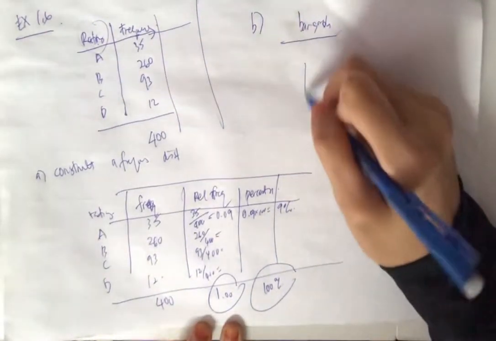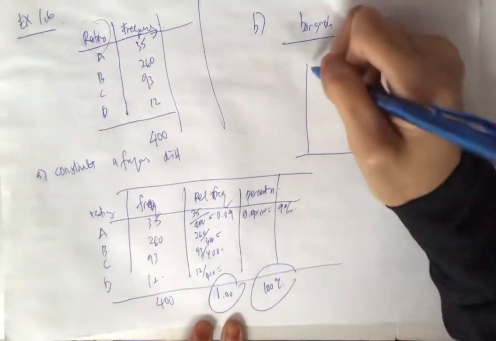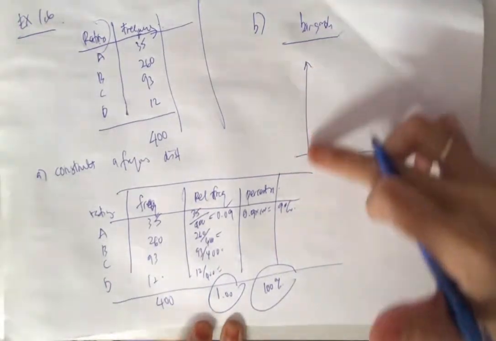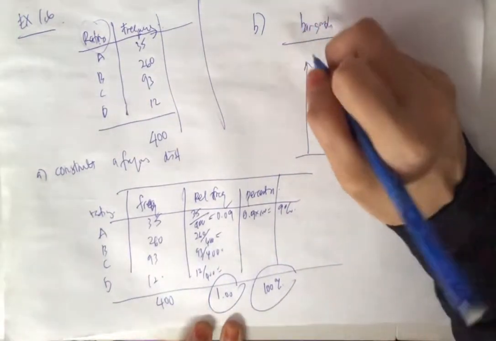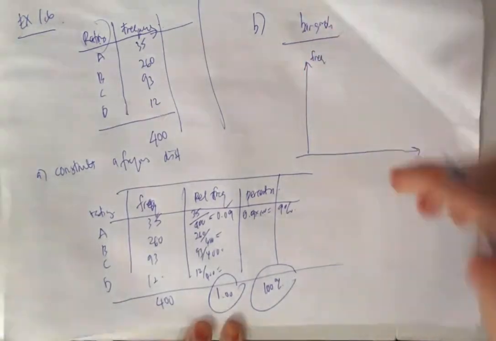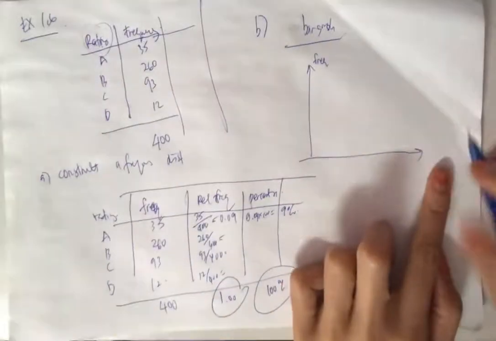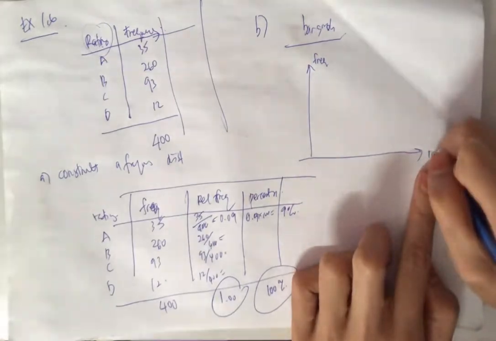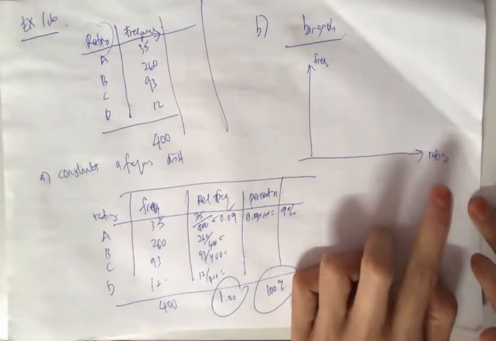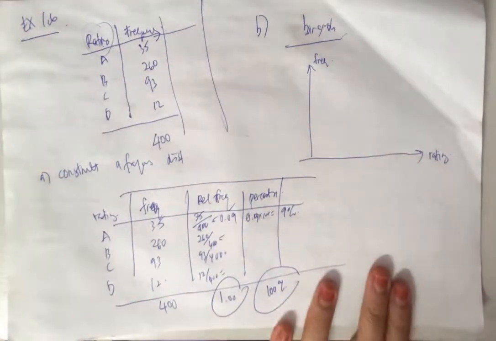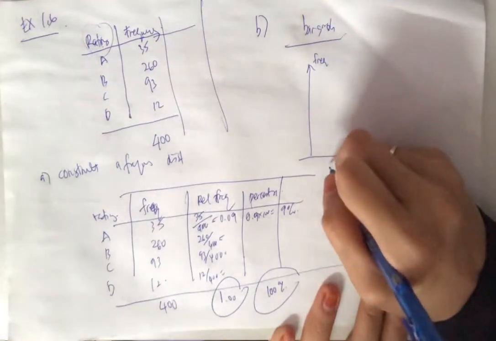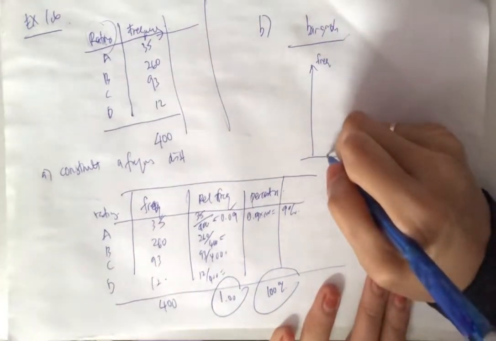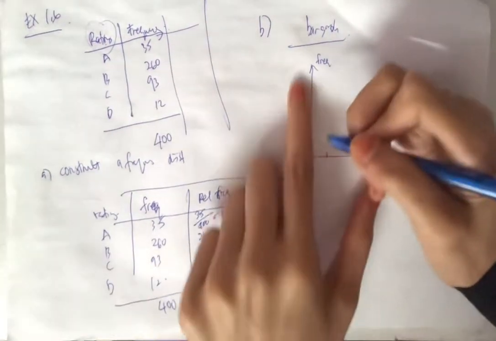For the bar graph, the y-axis must be the frequency and the x-axis must be your characteristic. In our question now, your characteristic is rating, so you have rating A, rating B, and C. You just label first.